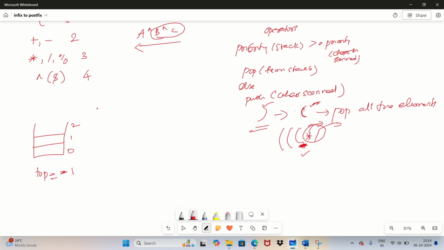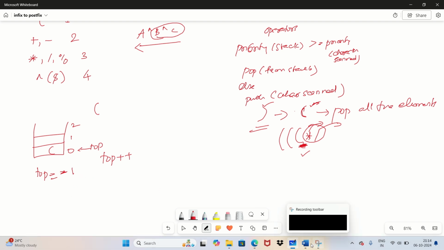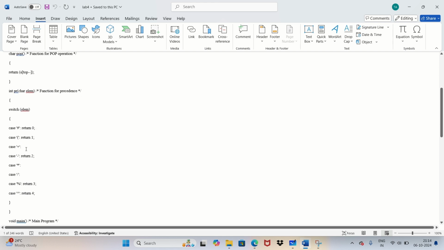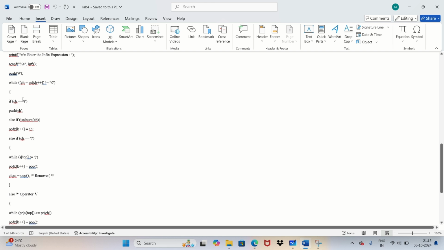If you push your opening brace into the stack, first you do top plus plus, so top comes and stands here, and then you push the element into the stack. That's what the program says: first you increase the top value in S, that is your stack, and then put your element inside it.